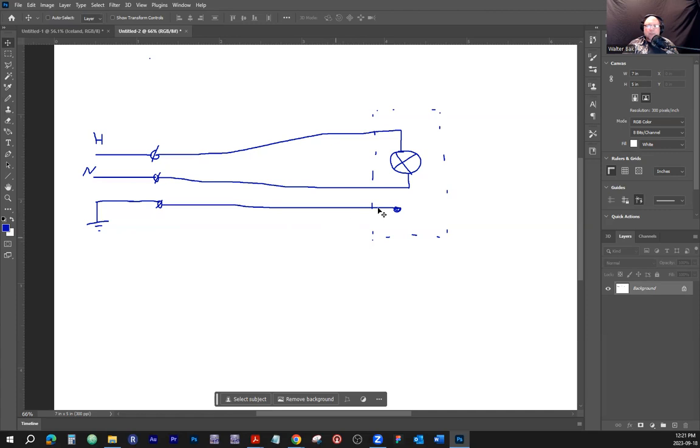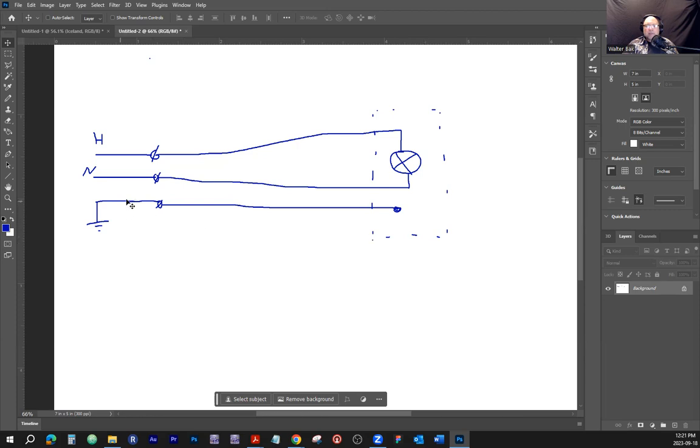For example, if this hot terminal detaches from this light bulb terminal, and by accident it touches the metal chassis, if this metal chassis was just floating in the air, not connected to ground, it would become hot. If you touched that, and if you complete the loop to the ground through your feet or any part of your body, the current will flow to the ground through your body.